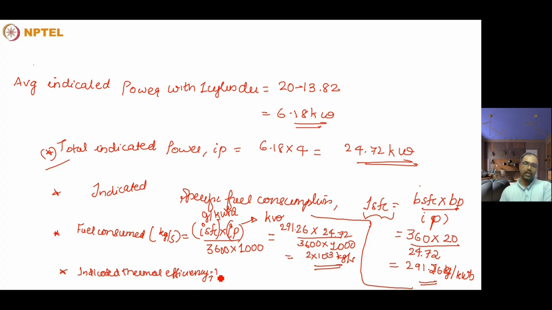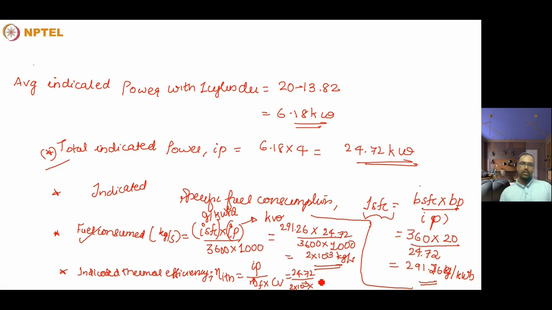So eta ITH is equal to the indicated power divided by the mass flow rate of the fuel, that is this particular value, into calorific value. So it will be 24.72 divided by 2 into 10 power minus 3.